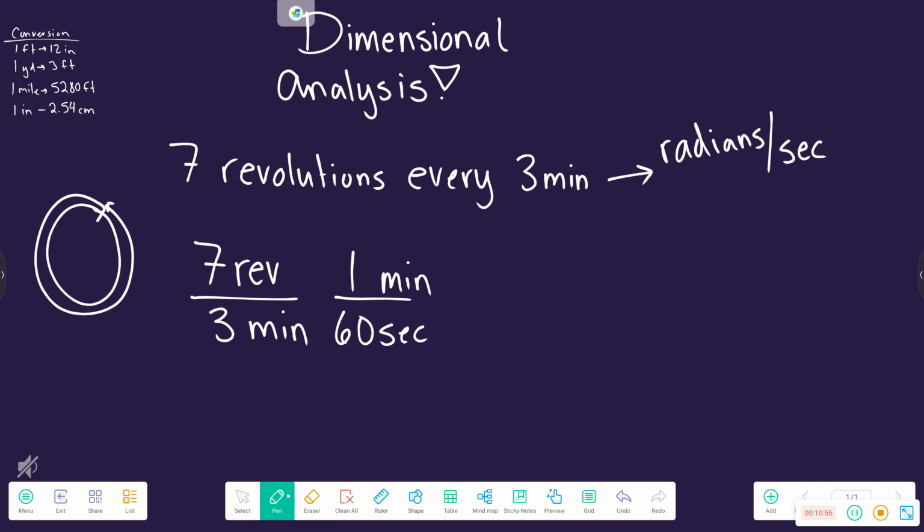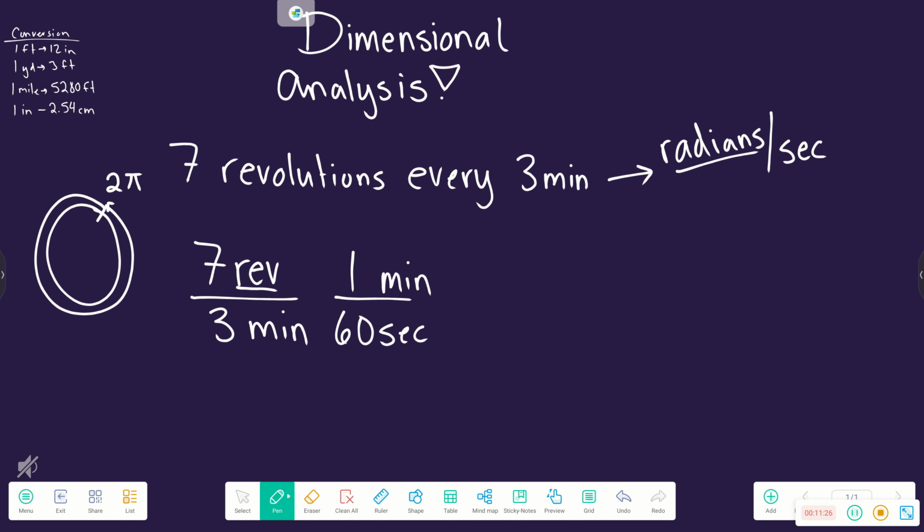Now, if I'm talking about revolutions and radians, if one revolution is 1 full circle, think back when we were graphing, when I start and fully go around the coordinate plane, I have gone 2 pi, or I have made a full 2 pi radians around my circle. That is a revolution.